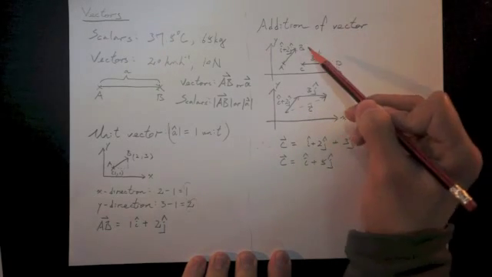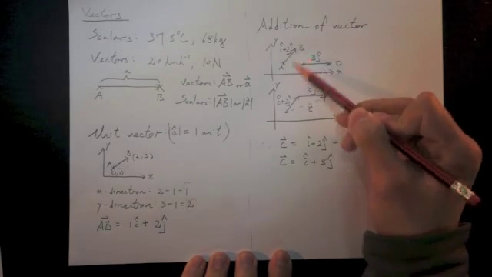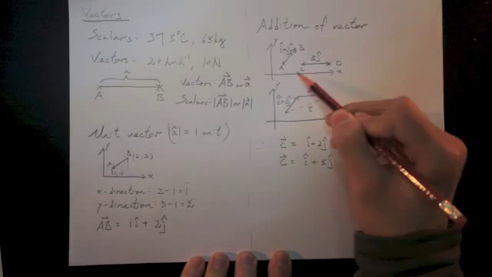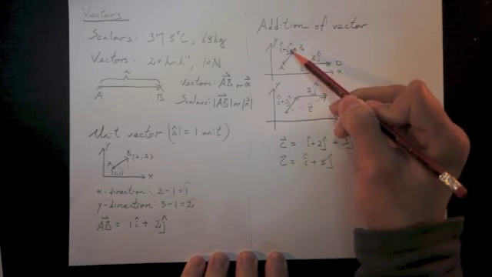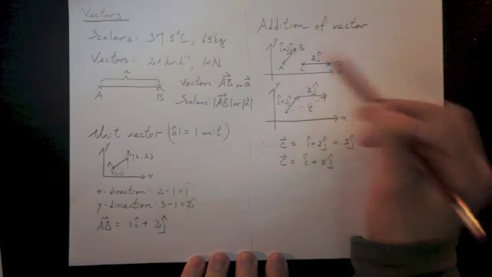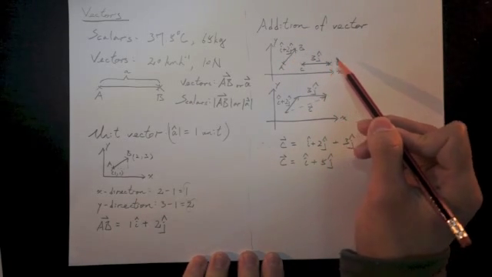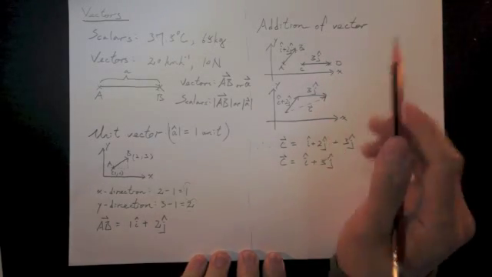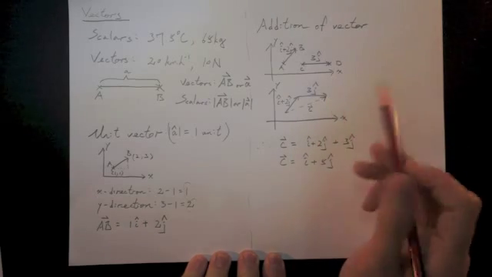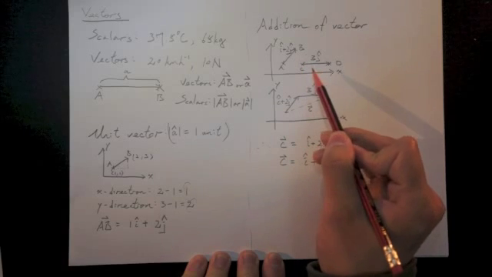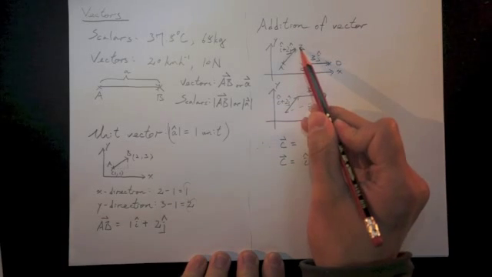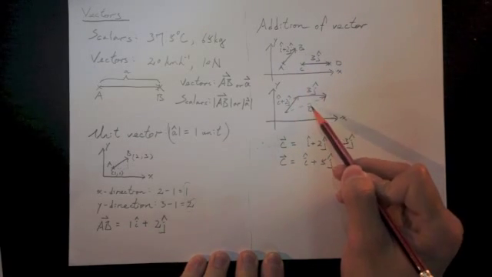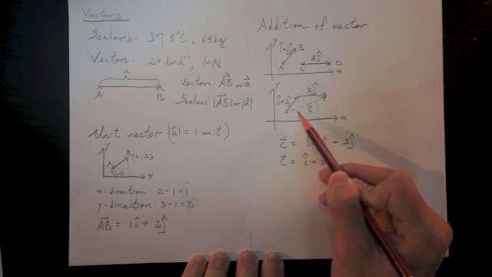For instance, we have two vectors like that, AB and this vector CD. For the vector AB, it is i plus 2j, and CD is 3j. So, to add these two vectors up, we can put the CD vector at the arrowhead of AB. Therefore, we can create a vector C like the dotted line here.